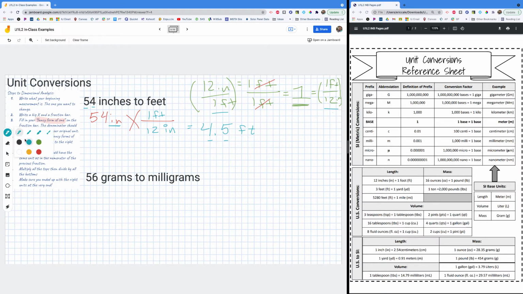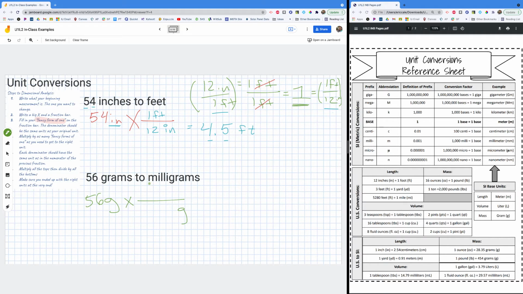So first step for the dimensional analysis of the conversion, we do 56 grams. Start out with what we know. Times, do a fraction. I want grams to be on bottom because it's on top here. So we're going to put grams here. And grams is our base unit, so look for bases.